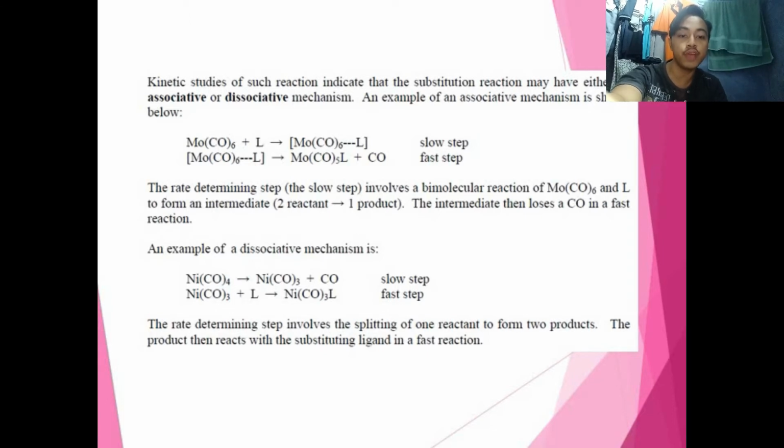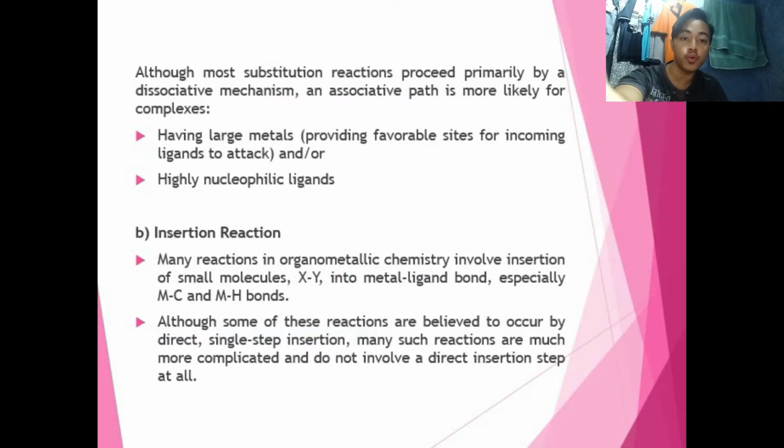The product then reacts with the substituting ligand in the fast reaction. Although most substitution reactions proceed primarily by a dissociative mechanism, an associative path is more likely for complexes having a large metal, which provides a favorable site for the incoming ligand to attack, and with a highly nucleophilic ligand.